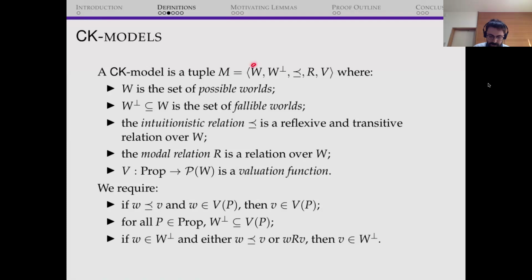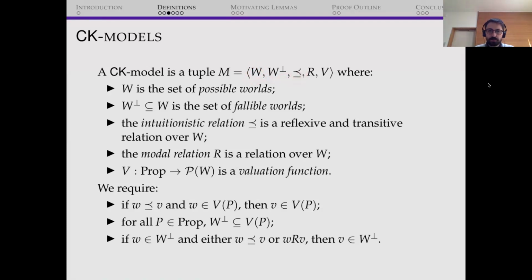So, as is standard in Kripke models, we have a set of possible worlds, but here we also have a set of fallible worlds, which is going to be the set where every proposition holds, including bottom. So you have like an inconsistent world or something like that.